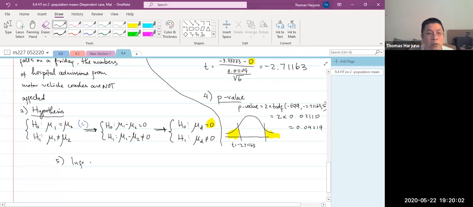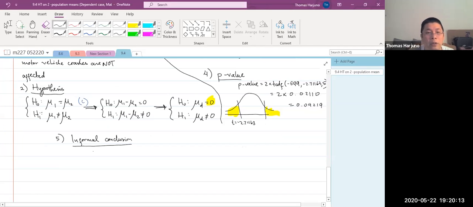Informal conclusion: we reject the null hypothesis. And then the conclusion will be at, I think it's 5% significance level. Yeah, 5% significance level.